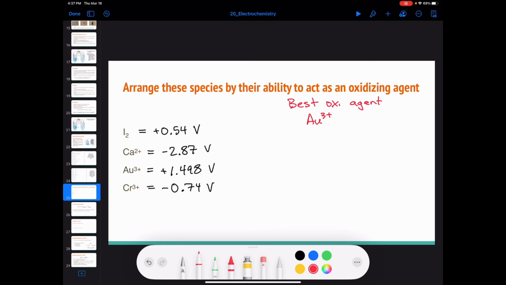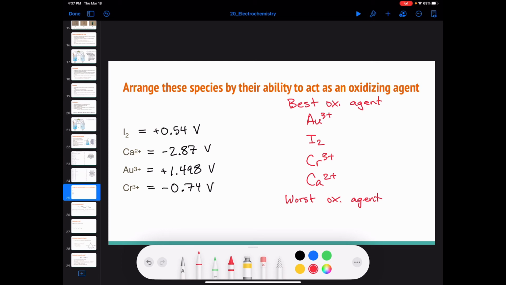Okay, second, it looks like iodine is pretty good. It's also a positive value. Next, we'd have chromium 3 plus. It's negative, but at least it's not super negative. And then the worst one would be calcium 2 plus. So this would be our worst oxidizing agent. Okay, again, because we're just going from the most positive to the most negative reduction potential.